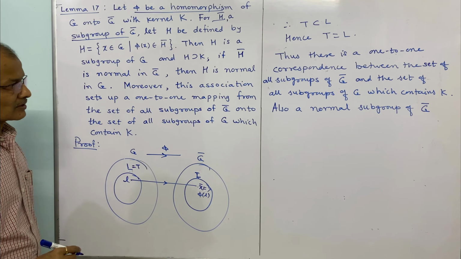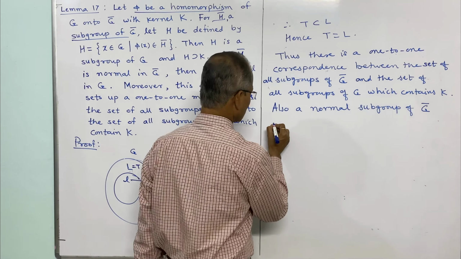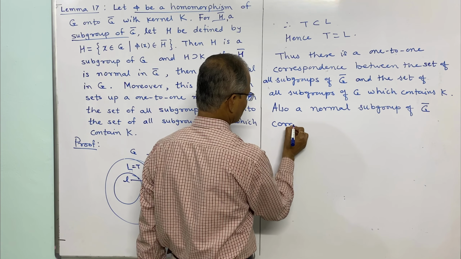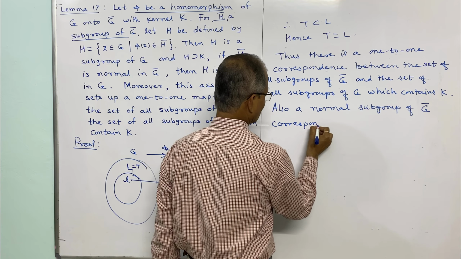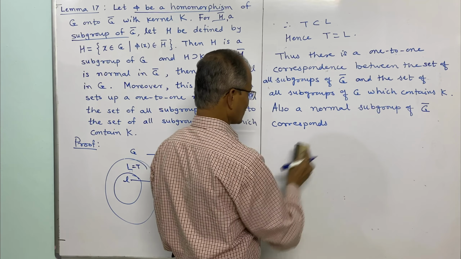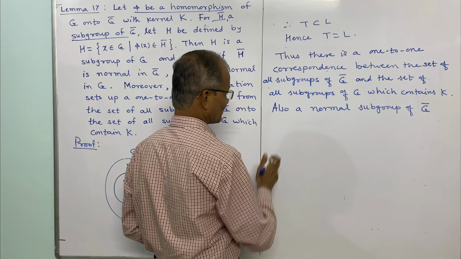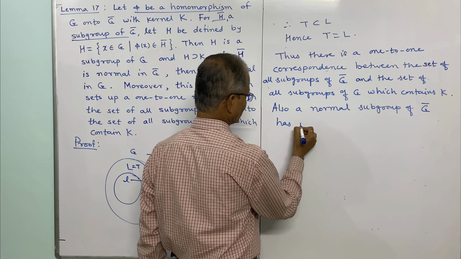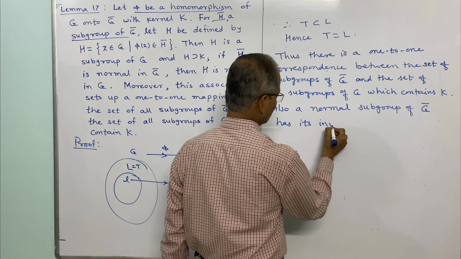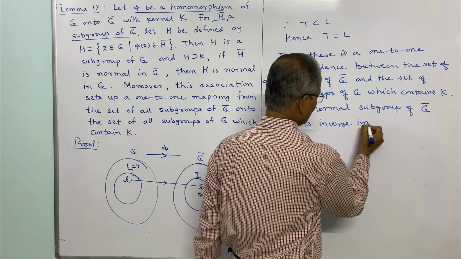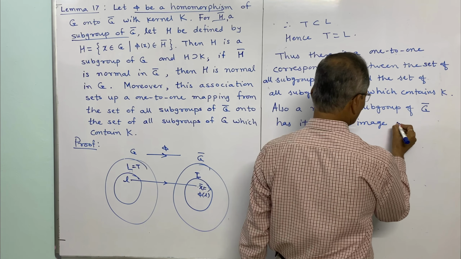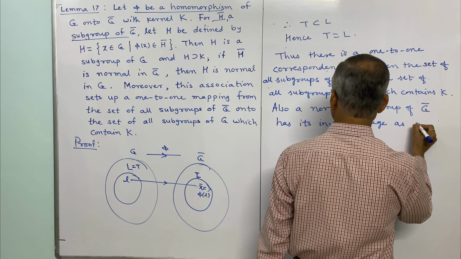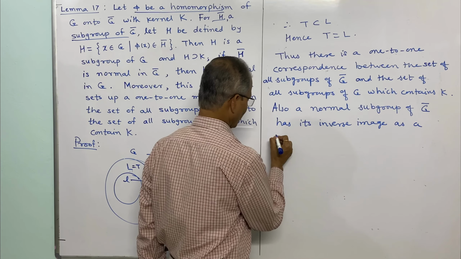Also, a normal subgroup of G bar has its inverse image as a normal subgroup of G.